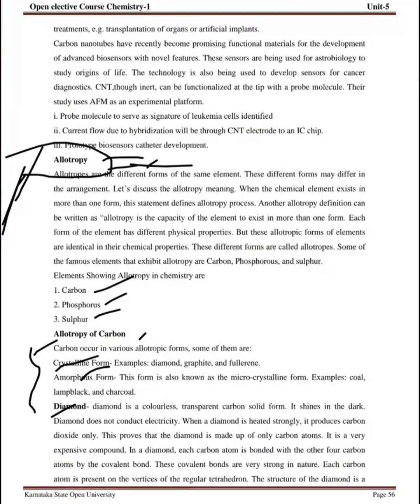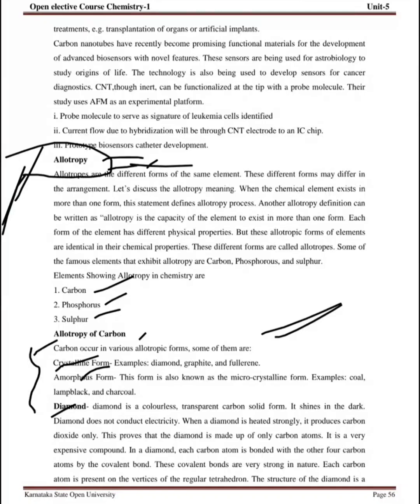So diamond is a colorless, transparent carbon, and each carbon atom is bonded with 4 carbon atoms by covalent bonds. So that's why diamond is very strong.